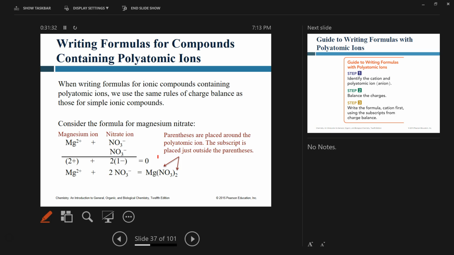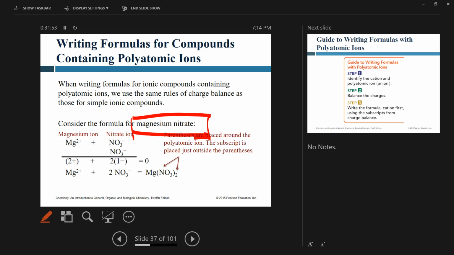So when you write the formula, for instance, you are told to write the formula for magnesium nitrate. We can do it ourselves. So let's try to write the formula for magnesium nitrate.